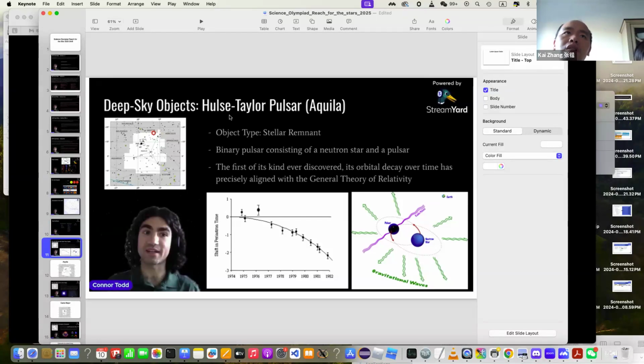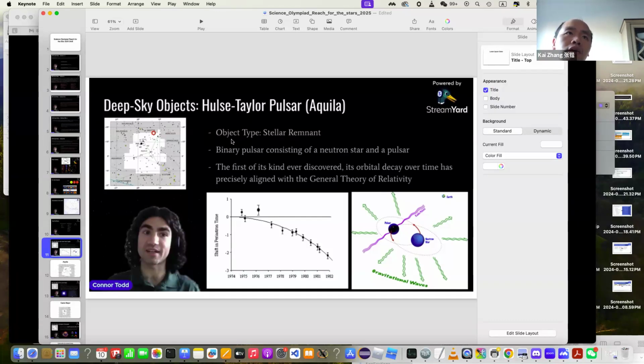For example, the House-Taylor pulsar here: you need to remember it is in the constellation Aquila, the eagle. At least you should put this in your cheat sheet so that you can look it up. But in the best situation, you're supposed to remember it.